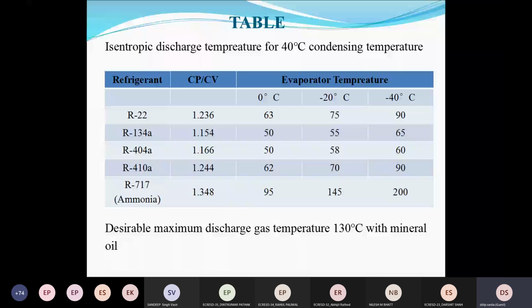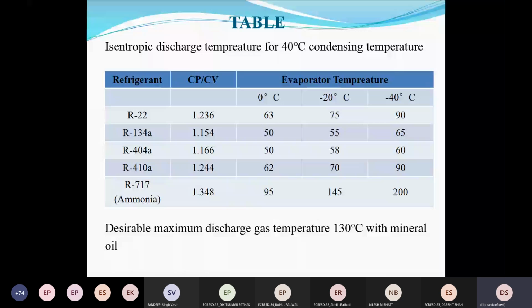R410A has more discharge temperature compared to R404A and R134a. But ammonia is much higher. You can see at 0 degree centigrade evaporating temperature, ammonia discharge temperature is 95, at minus 20 degree centigrade 145, and at minus 40 degree centigrade it is 200.